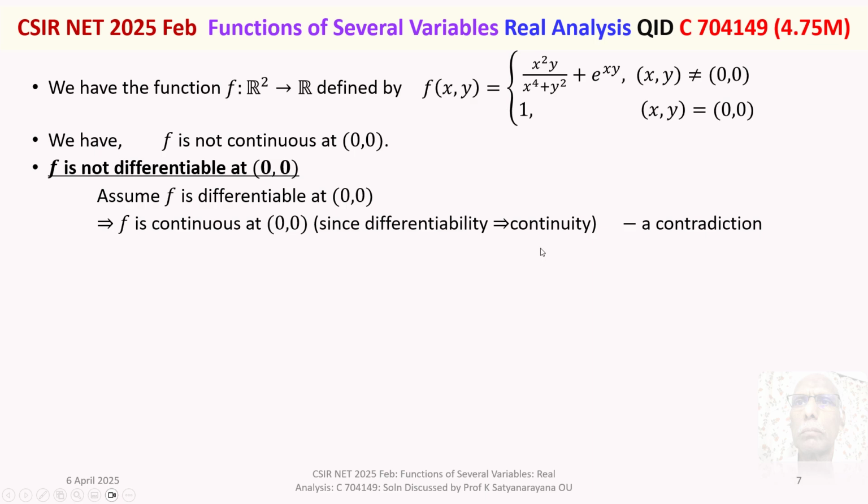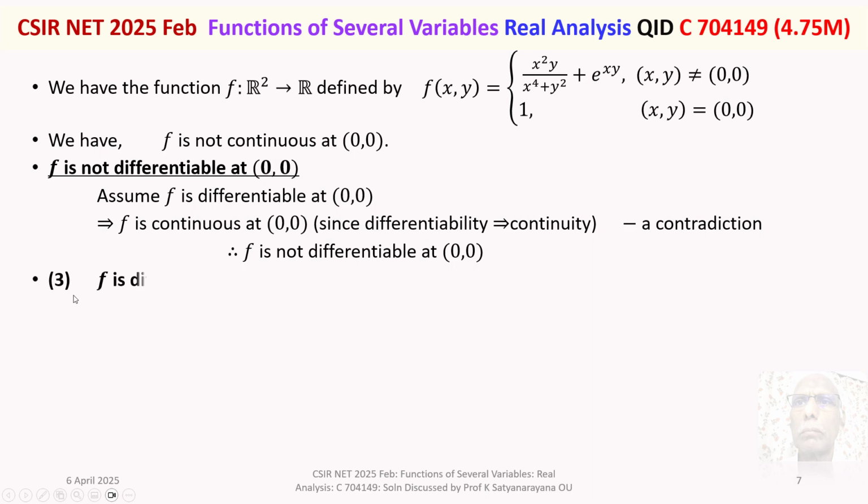I am sorry. So, f is continuous at 0, 0 you get. But it is not so. F is not continuous at 0, 0. It's a contradiction. Therefore, your assumption that f is differentiable at 0, 0 is not true. Therefore, f is not differentiable at 0, 0. Right? So, our claim is true.